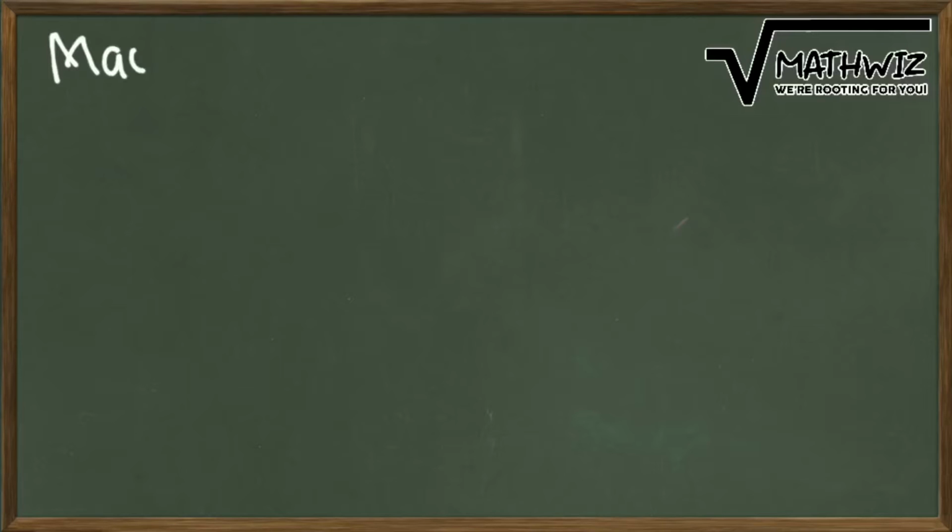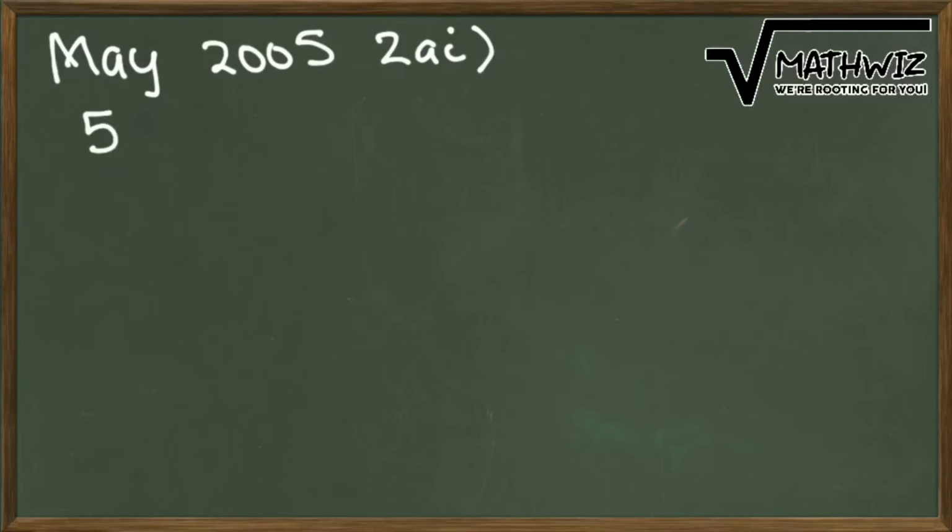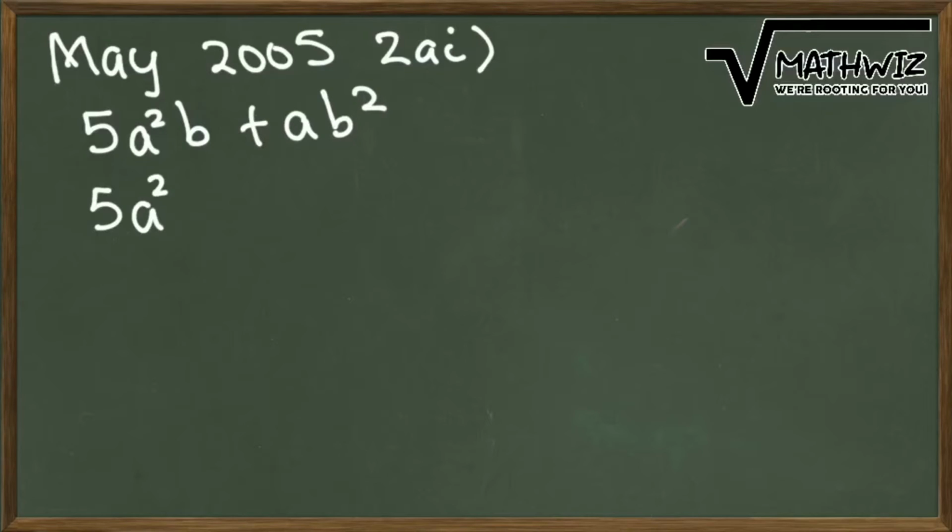question 2A part I for May 2005, and it reads 5a squared b plus a b squared. Right, so of course the first thing we want to do is to rewrite this, so that you put the 1 in front so that you can see it clearly.